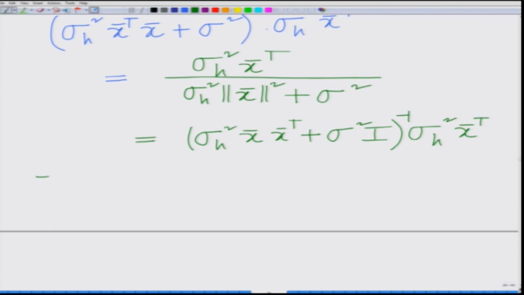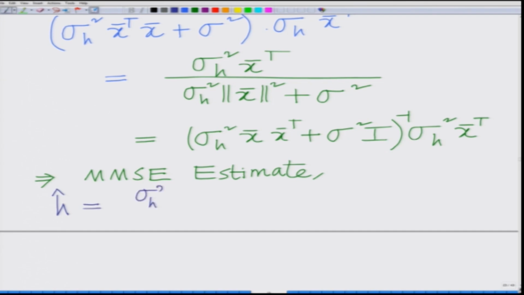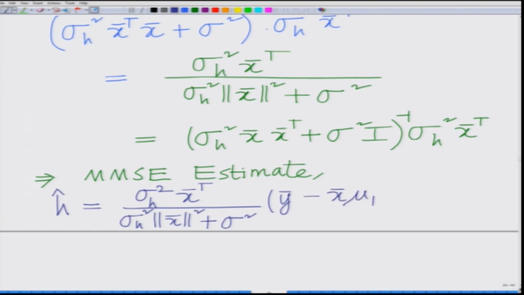the MMSE estimate we have is h hat equals sigma h square x bar transpose divided by sigma h square norm x bar square plus sigma square times y bar minus x bar mu of h, plus mu of h.